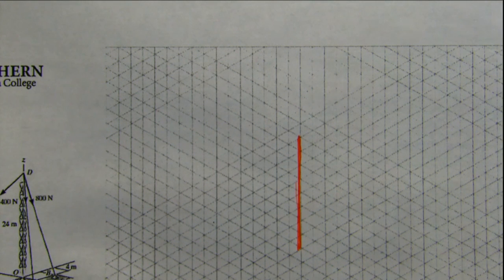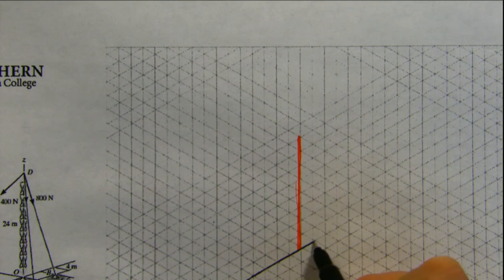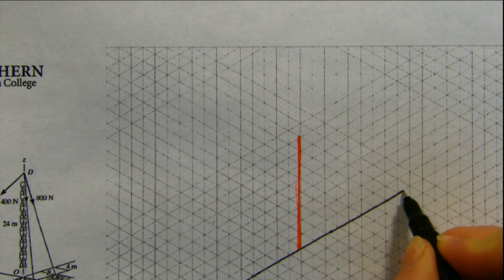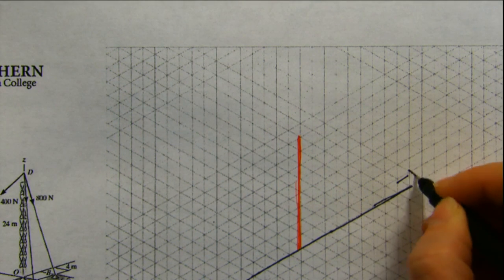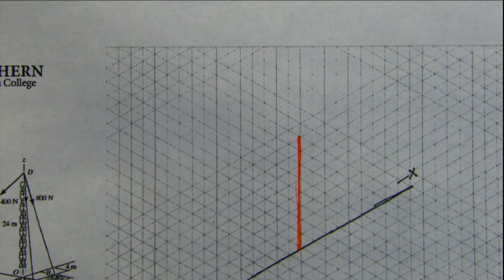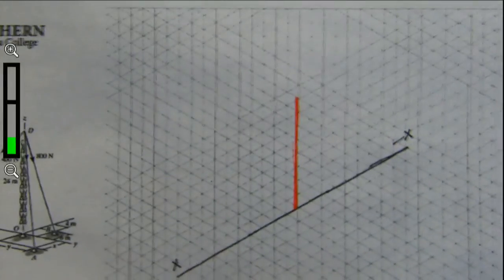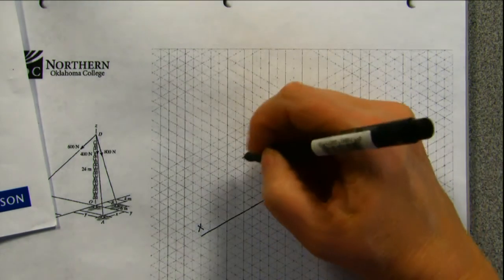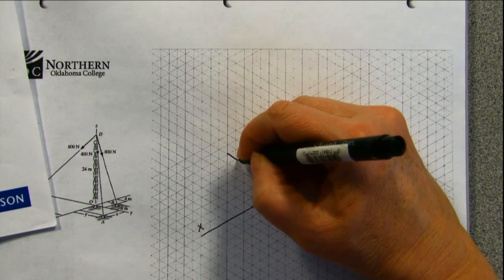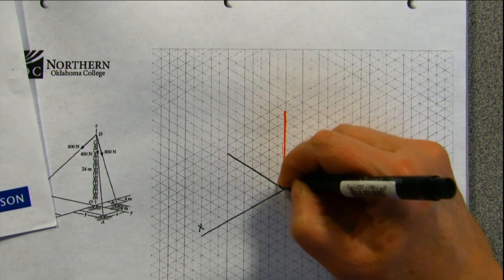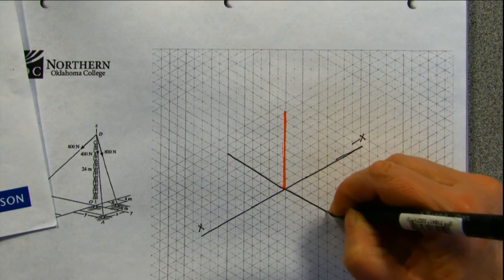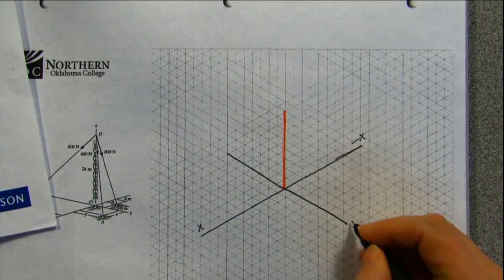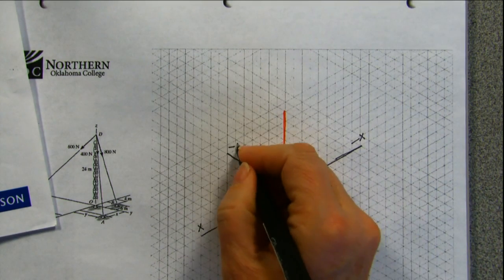So now I can put in my line here. This is going to be the minus x-axis, and this is the positive x-axis. Let me scroll out a little bit. My ISO paper is really going to help me out. This is my positive y, and this is my negative y.